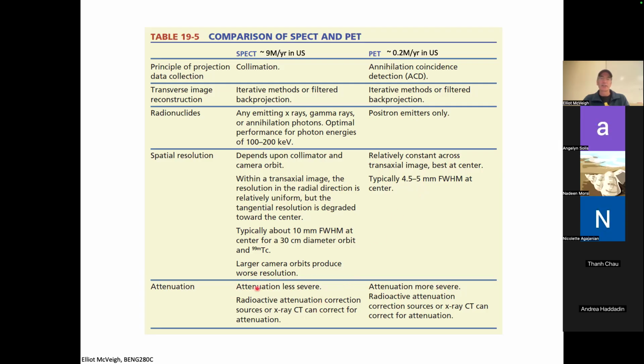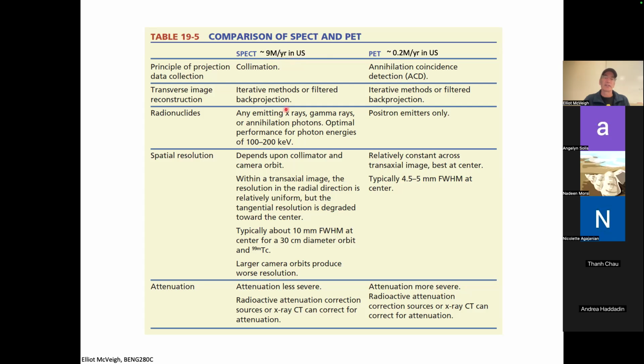Attenuation is less severe with SPECT. And here you really have to use the CT scan, there's no way you can do it without it, telling you for each line of response what is the expected reduction in sensitivity. So it's really important.